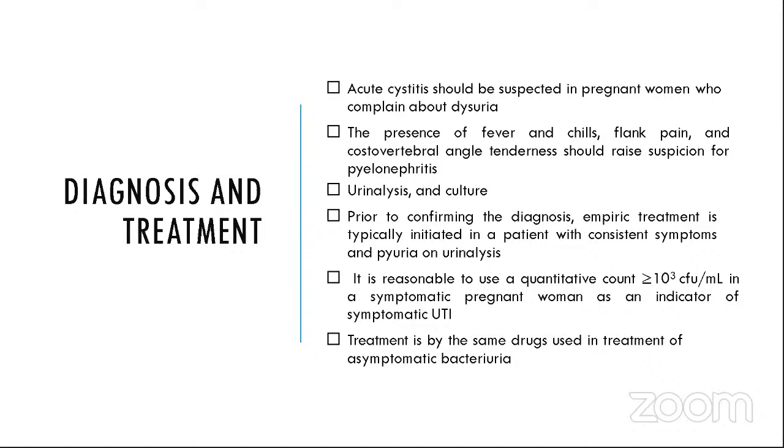Prior to confirming the diagnosis, empiric treatment is typically started, before sending the sample for culture and sensitivity. It is reasonable to use a quantitative count in a symptomatic pregnant woman as an indicator of infection. Treatment is by the same drugs as used in asymptomatic bacteriuria, as we have discussed earlier.